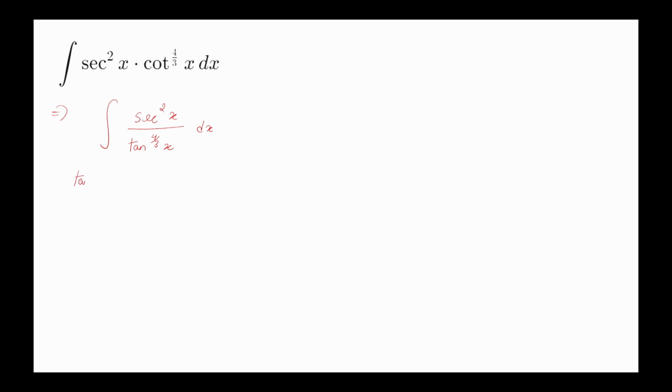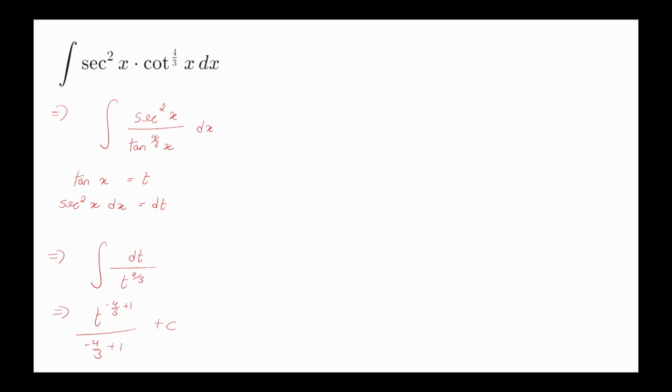So from here, I'll assume my tan x to be t. If my tan x is t, now if I differentiate it, it would become sec square x dx is equal to dt. So from here, I would get dt on top, and below I would have t to the power 4 by 3. Now if I simply integrate this, this would become t to the power minus 4 by 3 plus 1 upon minus 4 by 3 plus 1.